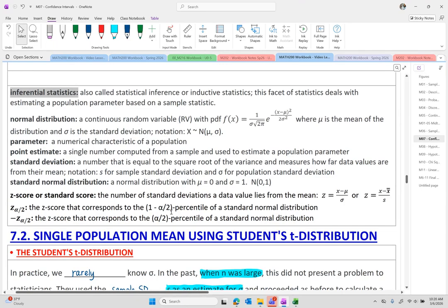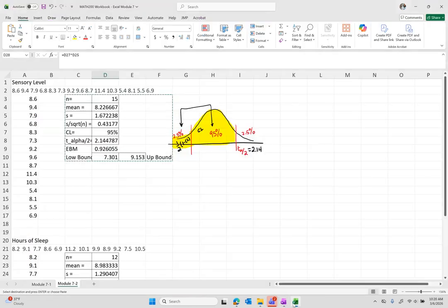So based on a mean that you have found of a sample, which is approximately 8.2 hours, you estimate at a certain level of confidence that the true population mean pain level will be between 7.3 and 9.2.